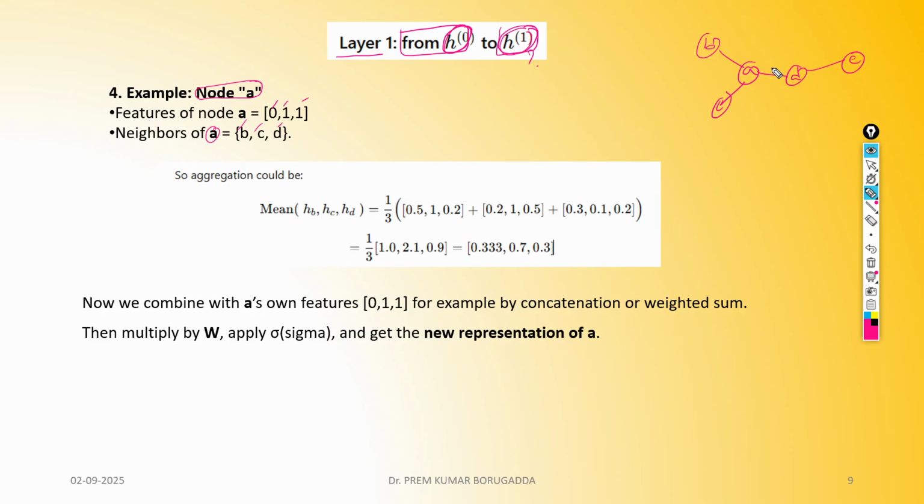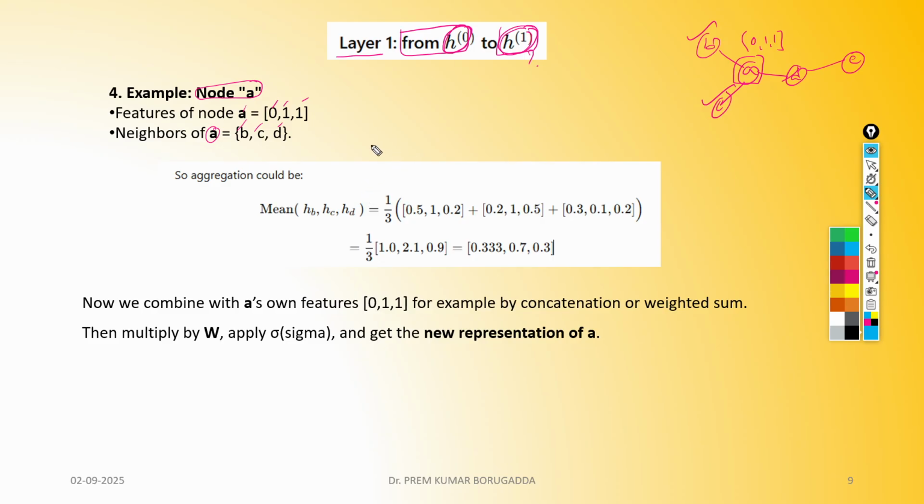So in this graph, we first calculate for node A. The feature vector is 0, 1, 1, and the neighbors of A are B, C, and D. According to the formula, what is the formula for mean?